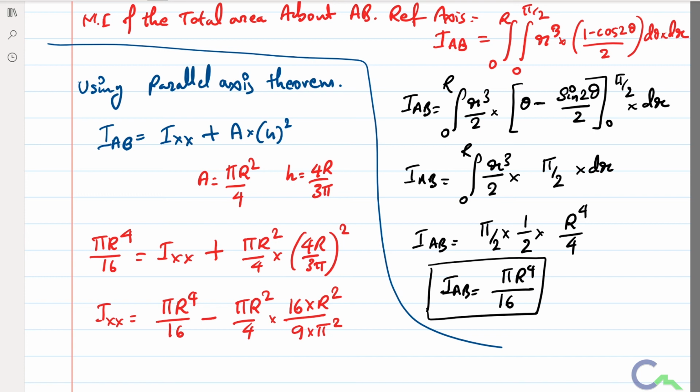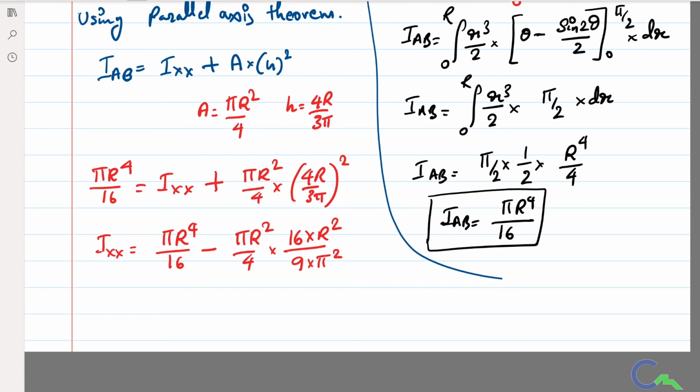If I simplify this, Ixx is equal to pi r to the power 4 divided by 16 minus 4r to the power 4 divided by 9 pi.